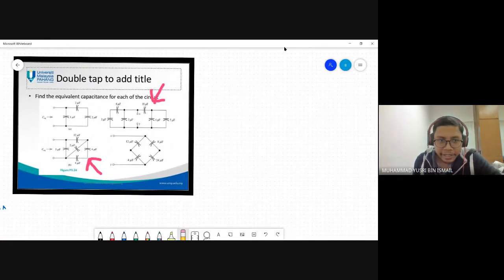Okay. Jadi saya akan buat yang 3.24. Nampak ke semua?